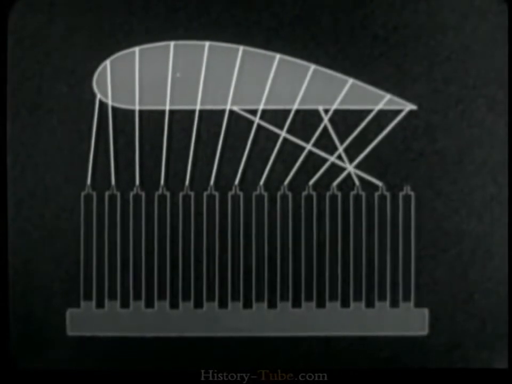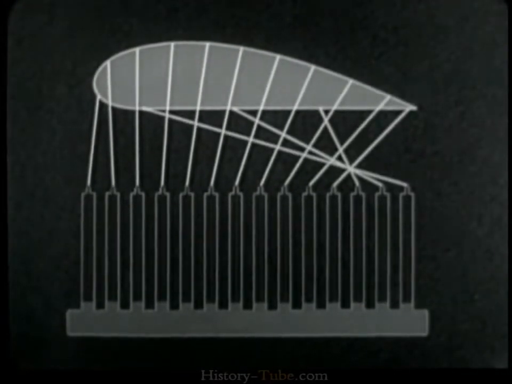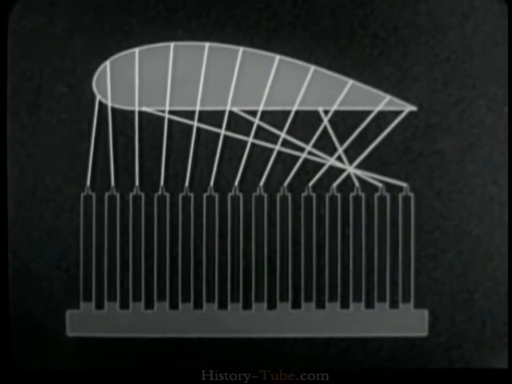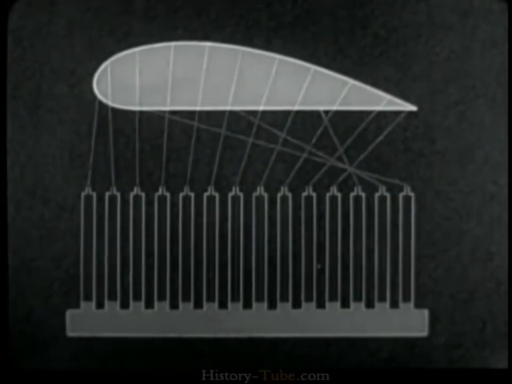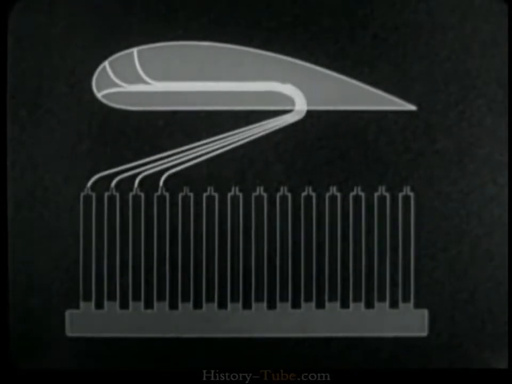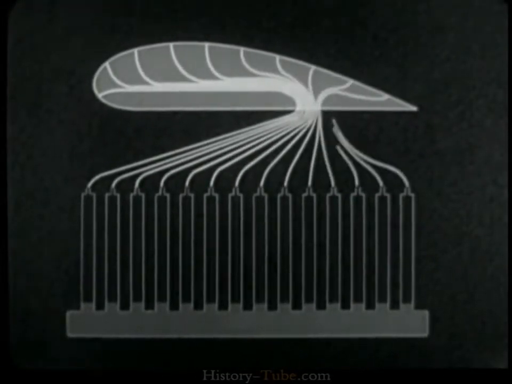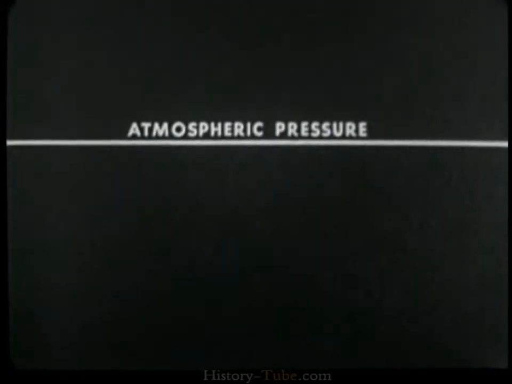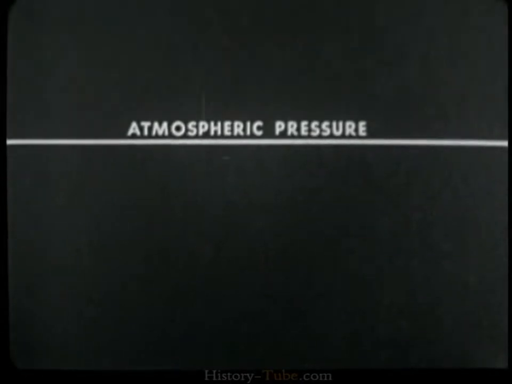Of course, this is only a schematic representation of the connection. In actual practice, tubes run from the manometers through an opening and inside of the airfoil to the test points. Atmospheric pressure is usually taken as the reference level.